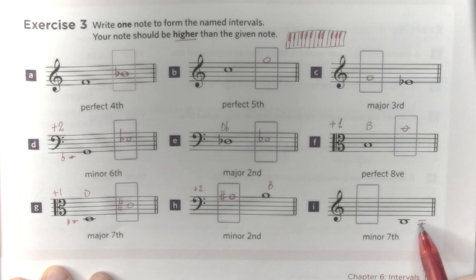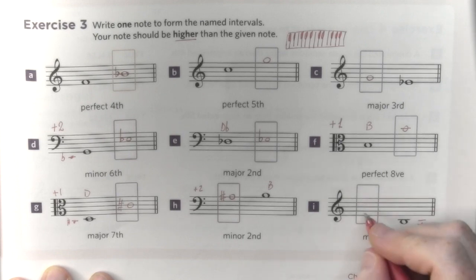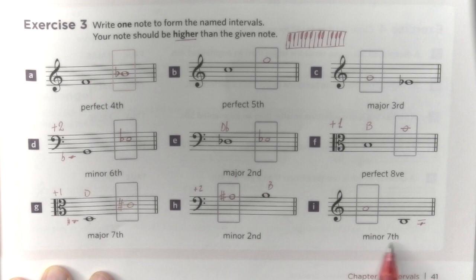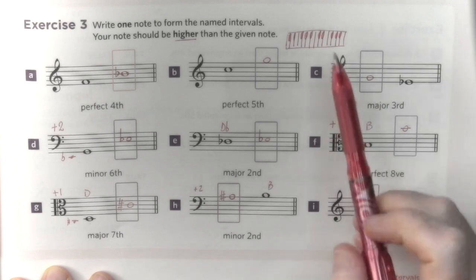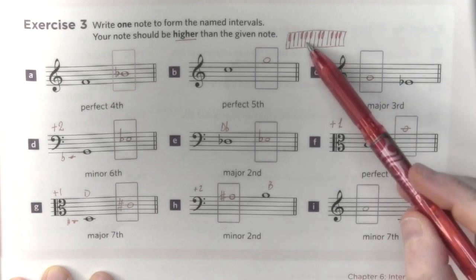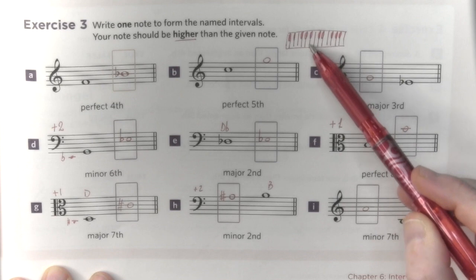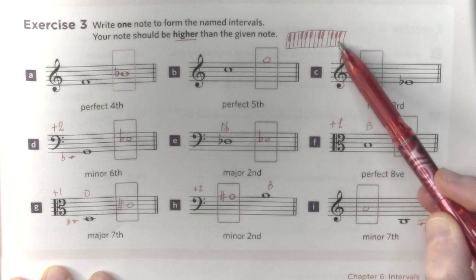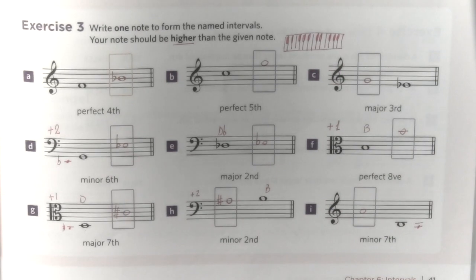So I only need to flip over this and write it up here to create a minor seventh. Because when I flip it over it is a major second. Now a major second flipped over becomes a minor seventh.